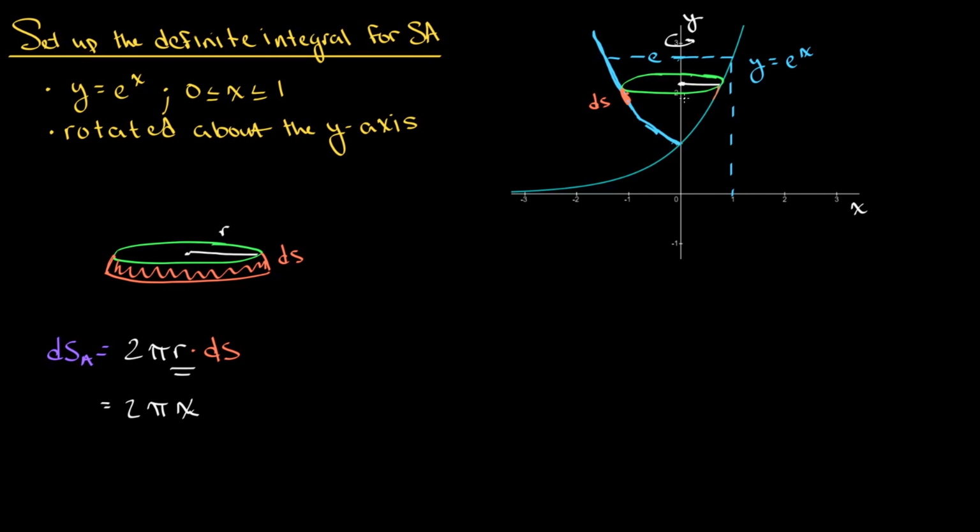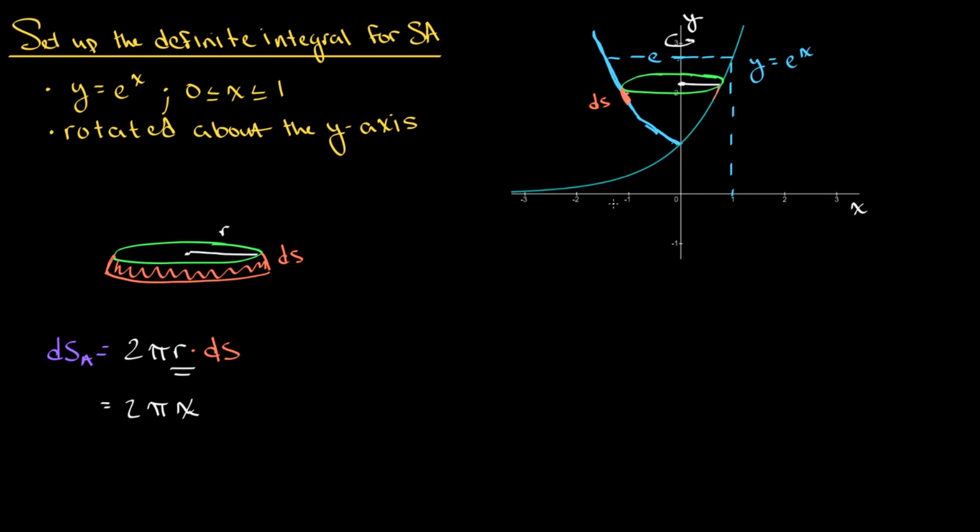Now, depending on how we want to end up integrating this, do we want to integrate with respect to y or with respect to x? That actually is a decision that we get to make. We could solve ds and have it in terms of dx or dy. If we want to integrate it with respect to x, we're fine leaving this as just x.